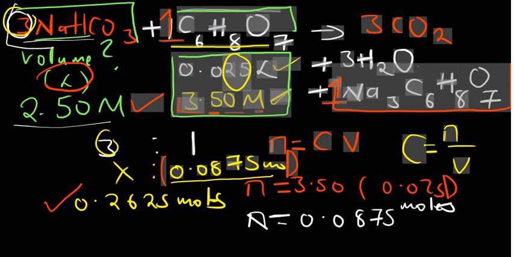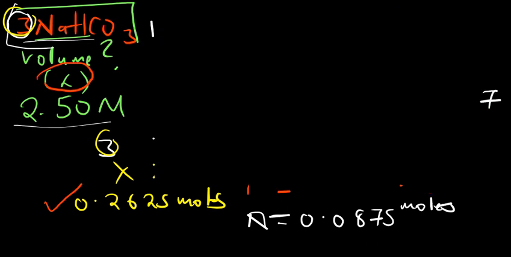Use the same formula and make volume the subject. Concentration is equal to number of moles over volume. You can make volume the subject, but in this case I would go for something straightforward. There's no formula I'm going to use.